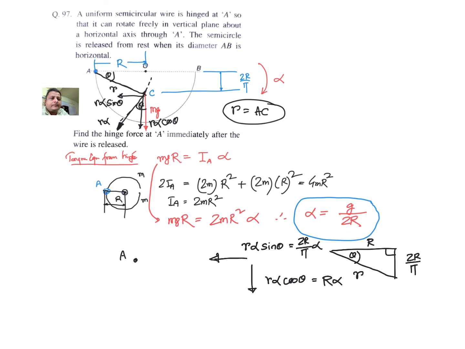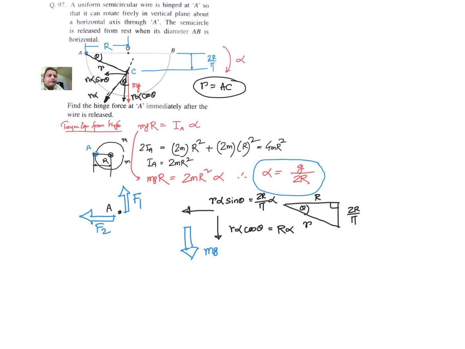And let's see what the forces are. The forces are the downward force mg, and for the hinge at A, let the upward force be F1 and let the sideways force be F2. Now we can apply Newton's law.